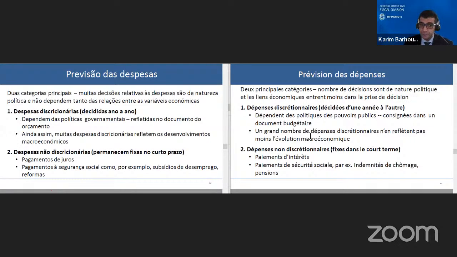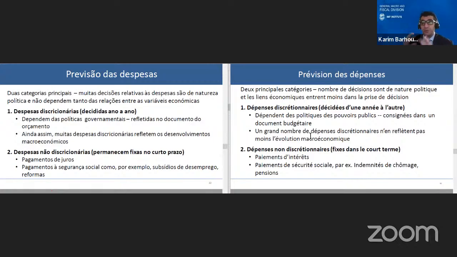Now, more precisely, to forecast the discretionary expenditure, we have to look first at the budget approved by the policymaker. But keep in mind that sometimes this budget has an upper limit on expenditure, and during a year, if any event happens, a supplementary budget can sometimes be added.